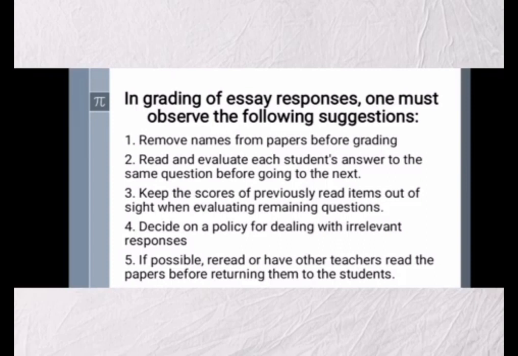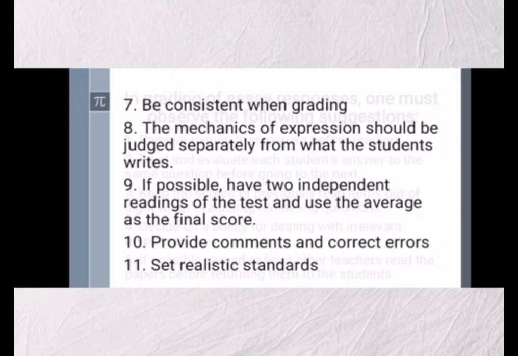Number five, if possible, you can reread or have other teachers read the papers before returning them to the students. Number six, check the scoring key against actual responses. Number seven, be consistent when grading. Number eight, the mechanics of expression should be judged separately from what the student writes.